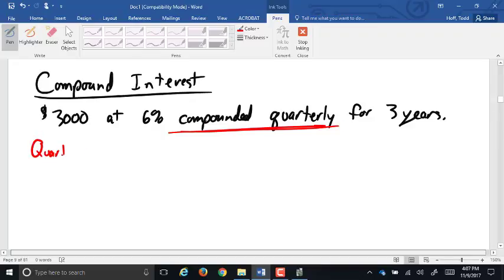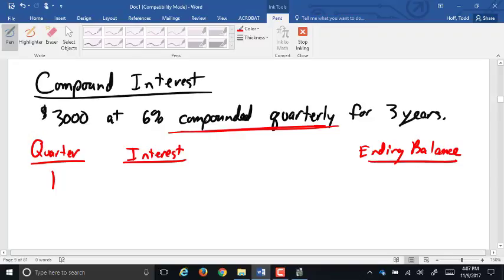So let's look at quarter 1. Calculate the interest and find the ending balance. So our interest for quarter 1 will be the $3,000 times 0.06 times 3/12, or 1/4, however you want to put it.